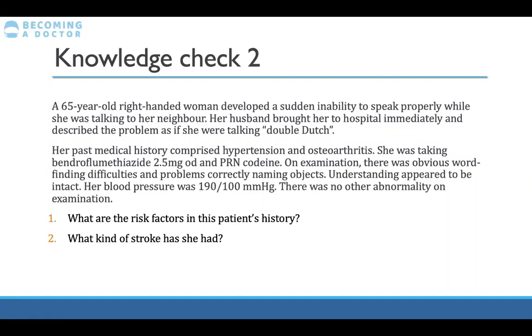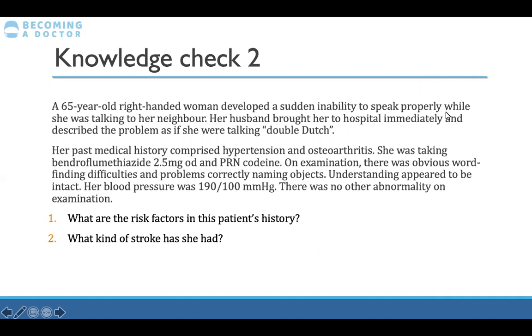Her past medical history comprised hypertension and osteoarthritis. She was taking bendroflumethiazide and codeine. On examination, there was an obvious word-finding difficulty and problems correctly naming objects. Understanding appeared to be intact. Her blood pressure was 190 over 100. There was no other abnormality on examination.